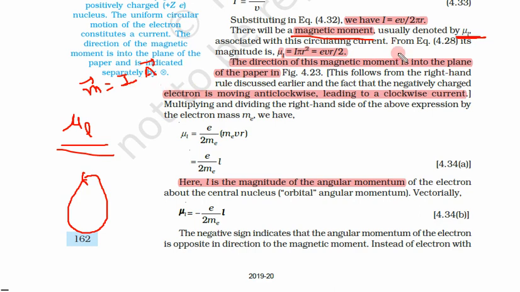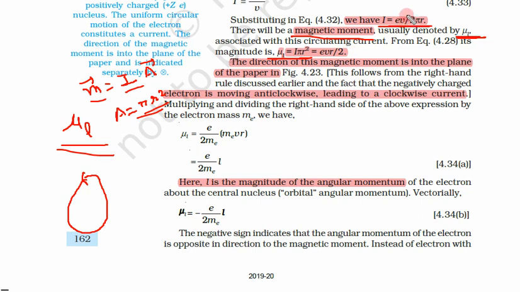In this case we have calculated I is equal to EV by 2 pi r, and area is simply pi r square because the electron is moving in a circular orbit. So what will be this M? M is equal to I into pi r square. Instead of M we have written mu L. Mu L is equal to I pi r square.